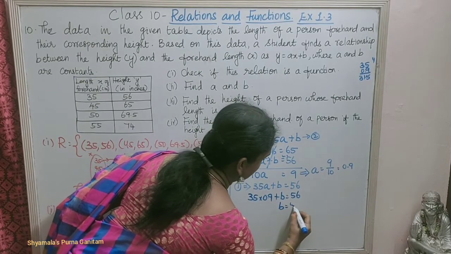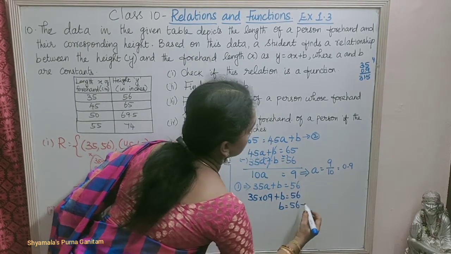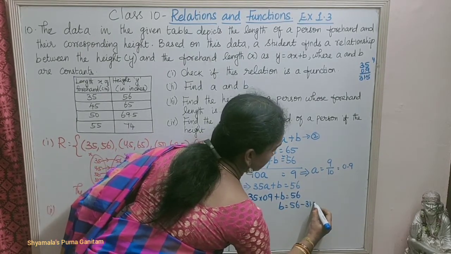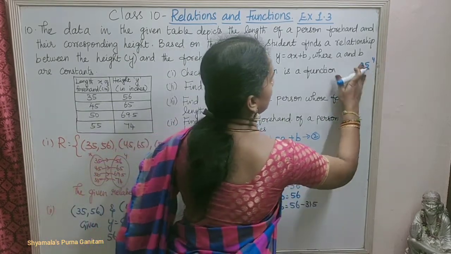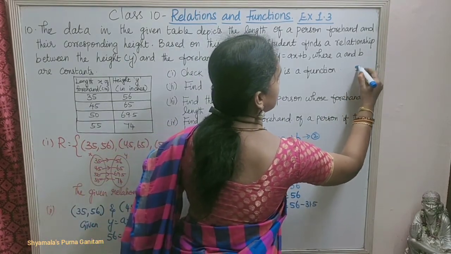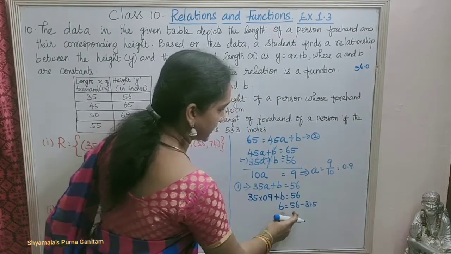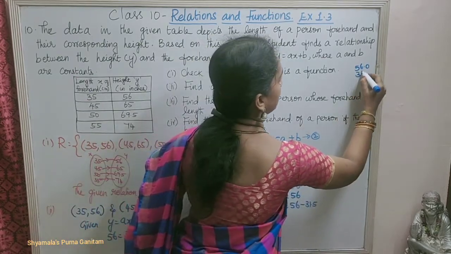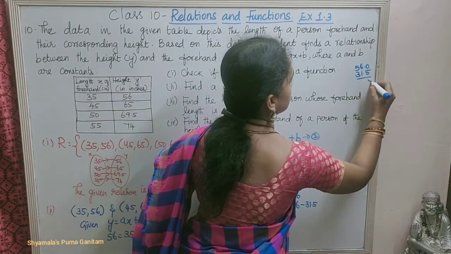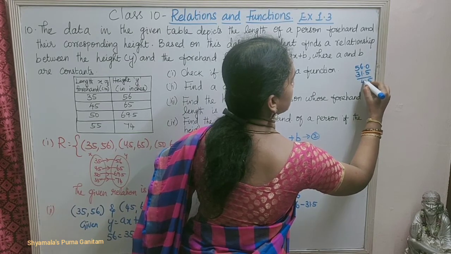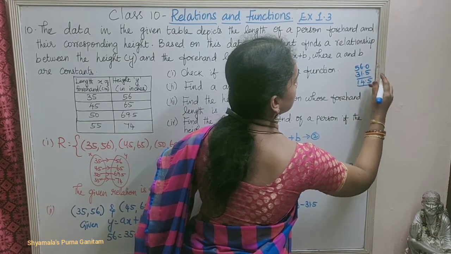So b is equal to 56 minus 31.5. So now 56 minus 31.5. So this is 5 here. So this one is 4. This is 1.